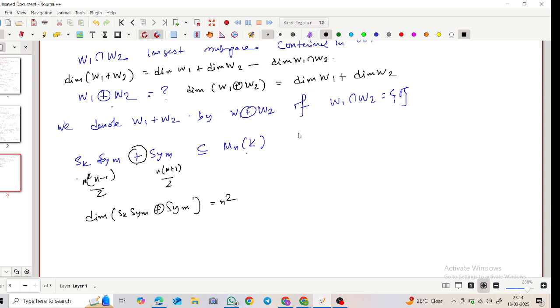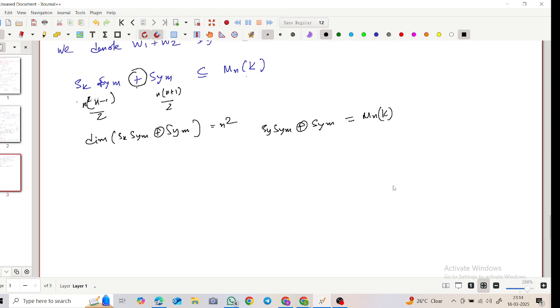So what does it mean? It means skew symmetric direct sum symmetric is basically the whole MnK. Understood? In other words, any element in the RHS is also an element in the LHS.